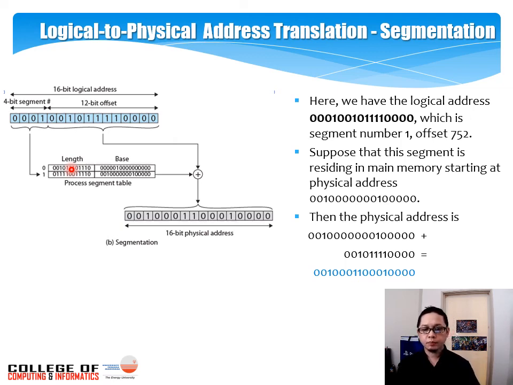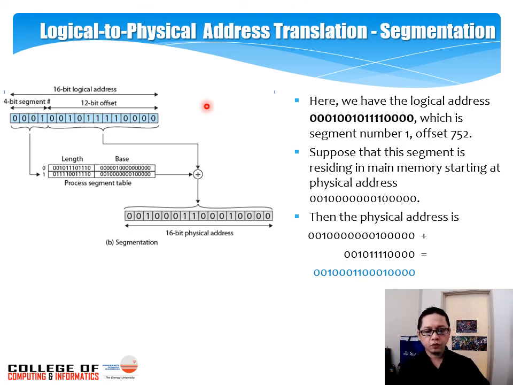So in this example, let's say we have a 16-bit logical address given. From this logical address, how do we translate it to find where it is physically located in the main memory? Let's say in this example, the first 4 bits are the reference number.